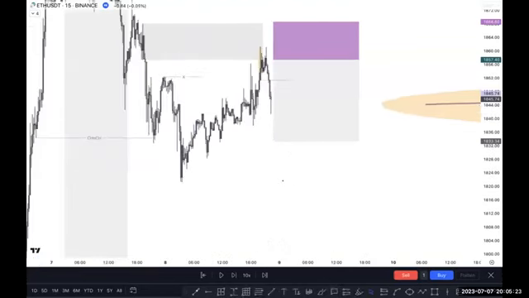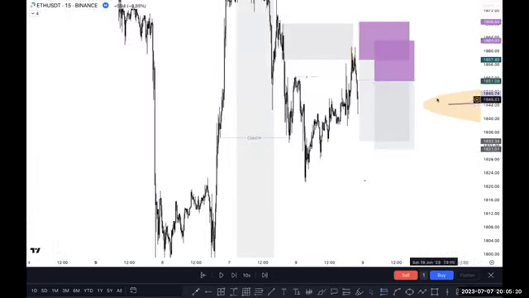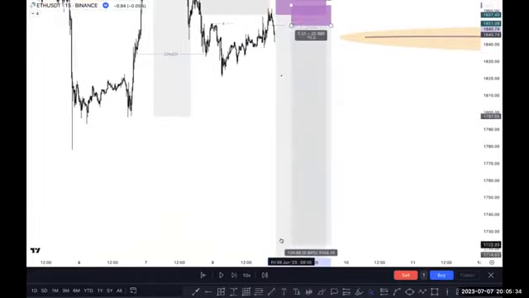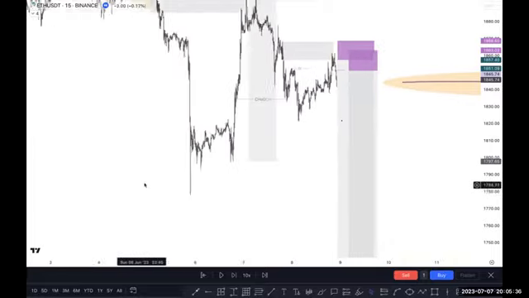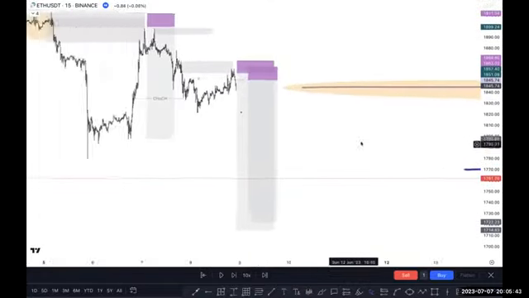Okay. So this one is our next possible entry here, and put the stop loss just above it. And where is the target? The main low as a target. This one, I think. No, this one. This one as a target.